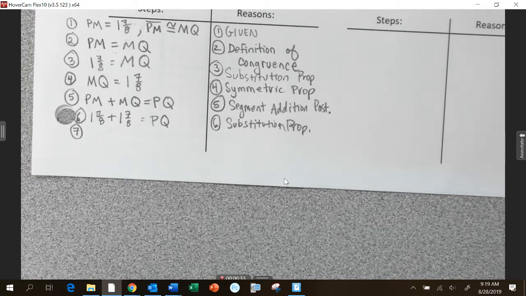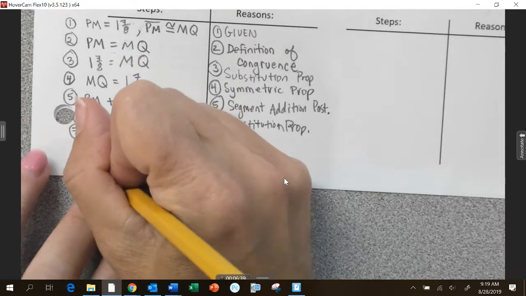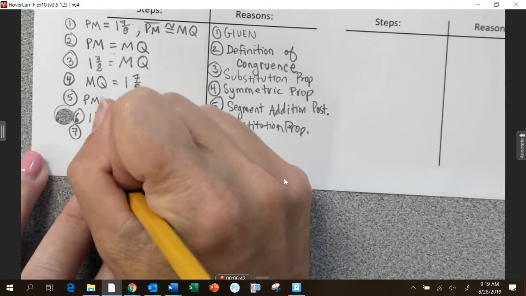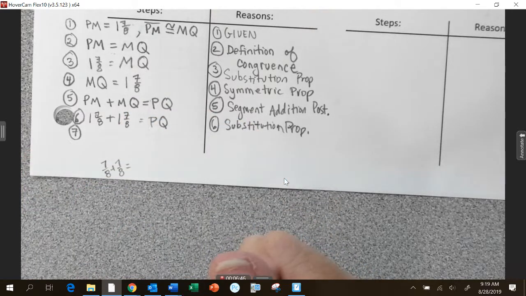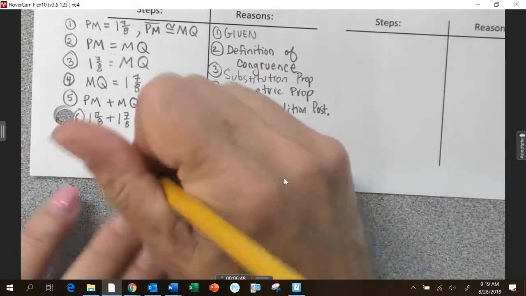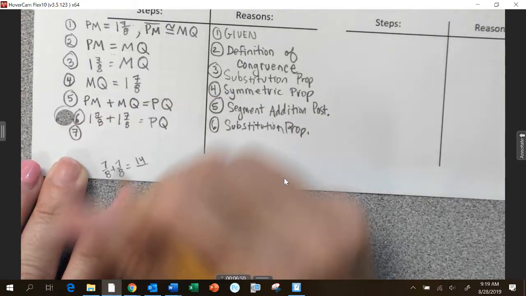Add them? Yeah. I'm going to add 1 7/8 plus 1 7/8. Oh my gosh, those are fractions. What's 7/8 plus 7/8? How do we add fractions? You add the numerators. 14. Keep the bottom the same. 8.